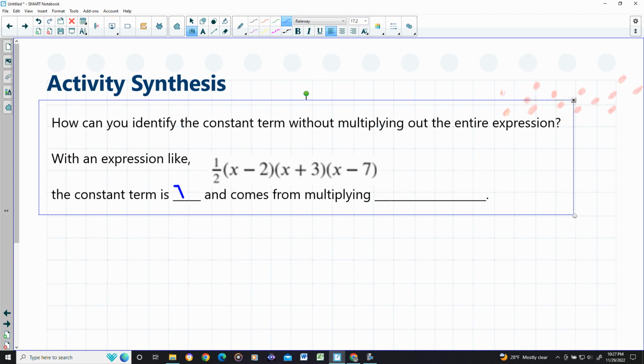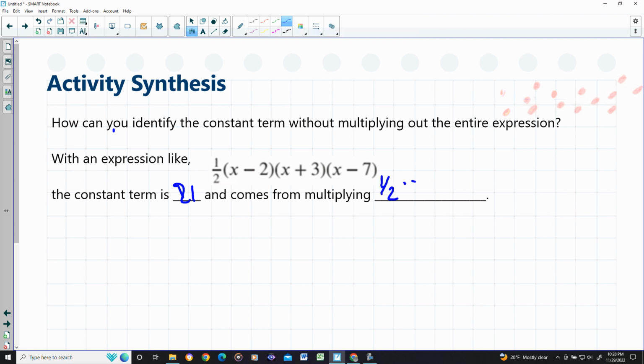So constant term is 21 and comes from multiplying 1/2 times negative 2 times 3 times negative 7.